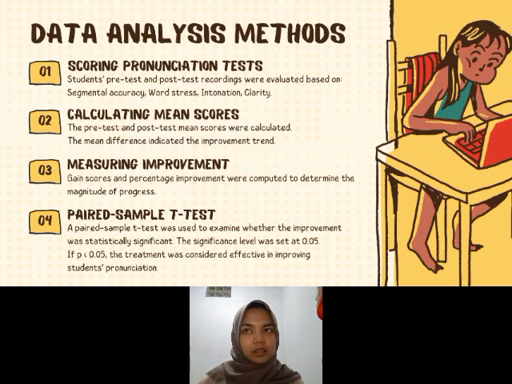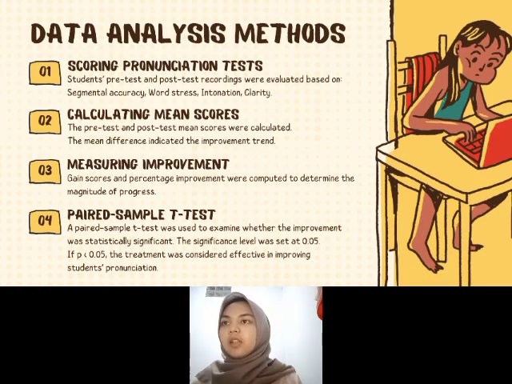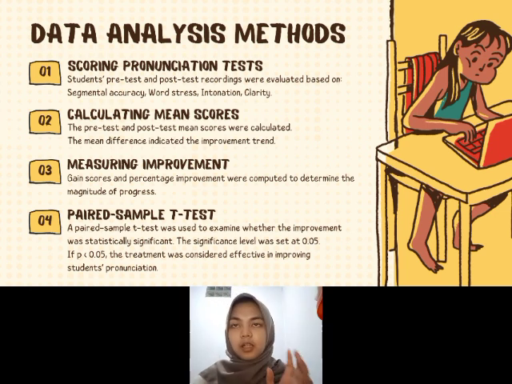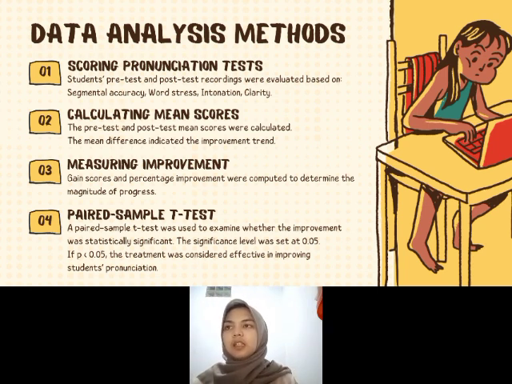Next is the data analysis method. First is scoring the pronunciation test, which will be evaluated based on segmental accuracy, stress, intonation, and clarity. Second, calculating mean scores. The average scores of the pre-test and post-test were calculated to see general improvement. Then measuring improvement, the gain score and percentage improvement were computed to determine the magnitude of progress.